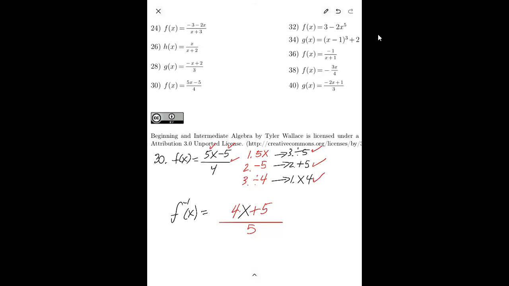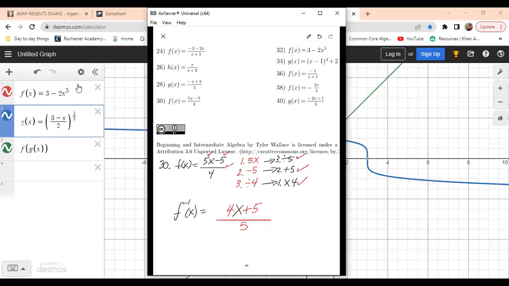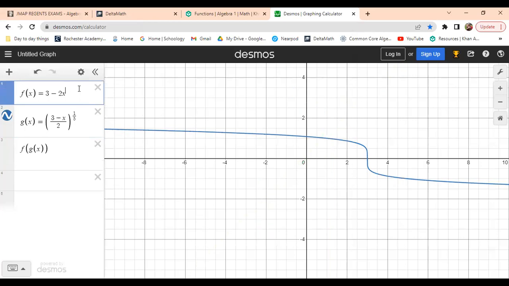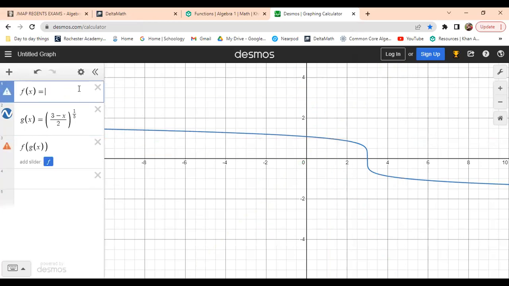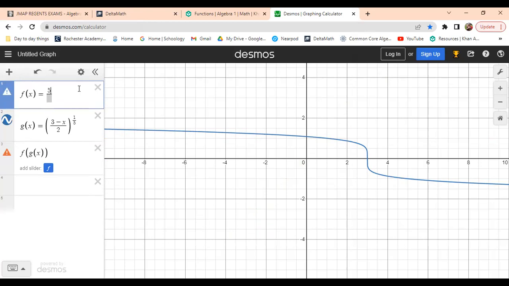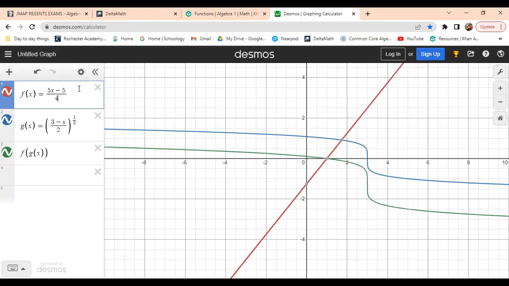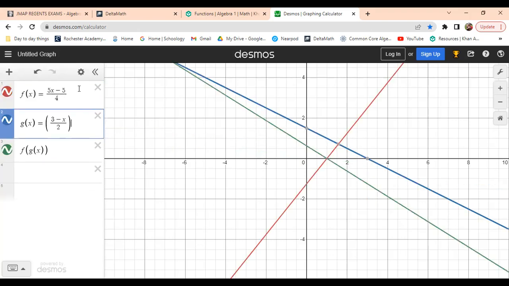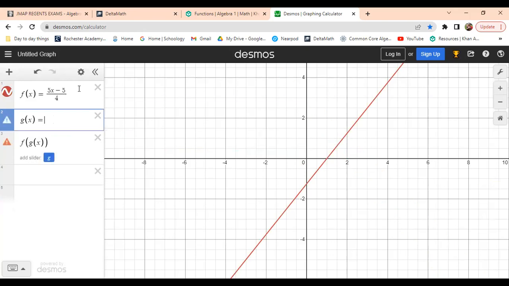So if I go to Desmos, we can check this. Very first thing I'm going to do is get rid of this, and I'm going to put in a stacked fraction, 5x minus 5 over 4. That's the original function. And now I'm going to put in the inverse. It's 4x plus 5 over 5.